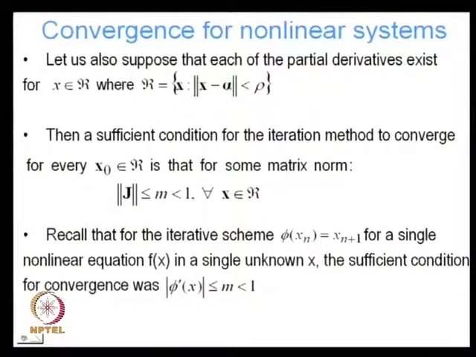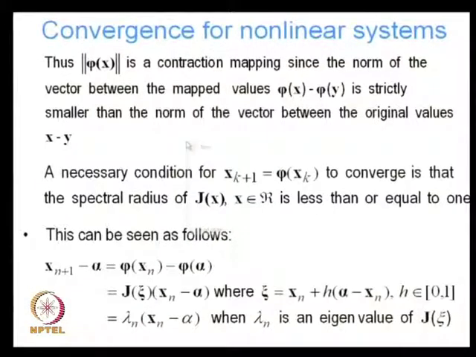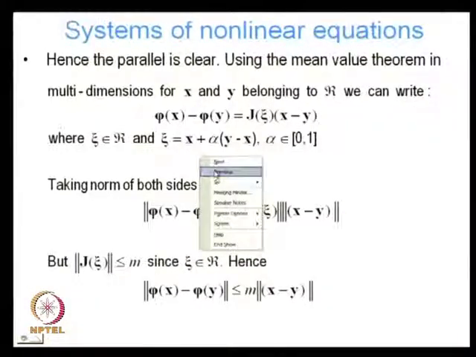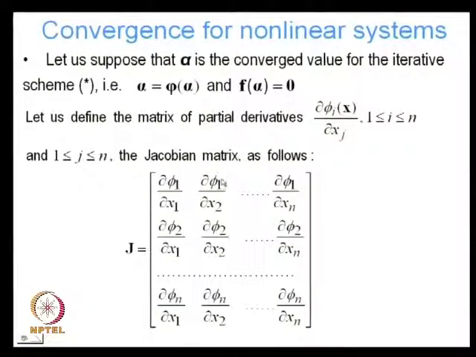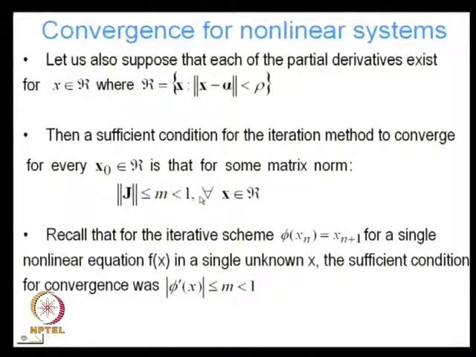We are going to converge to the solution. So, similarly, let us suppose that each of the partial derivatives in my Jacobian exist in a neighborhood of the root, and that neighborhood I am calling R. How am I defining that neighborhood?